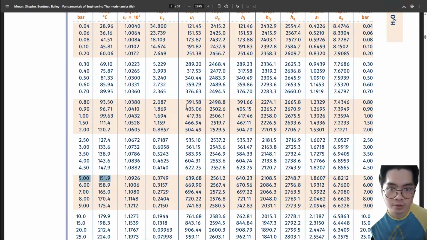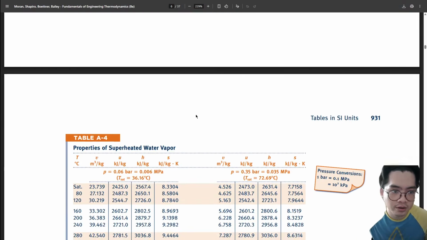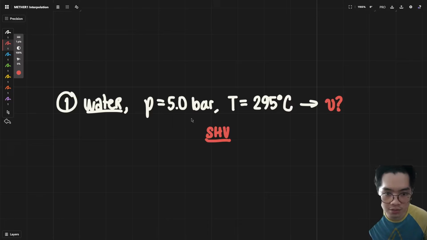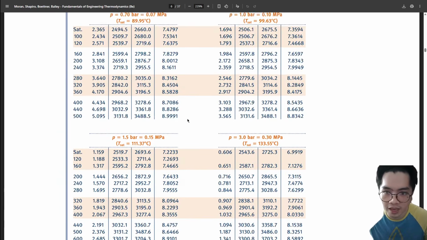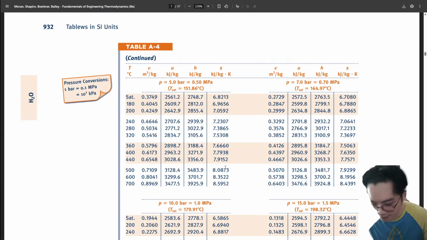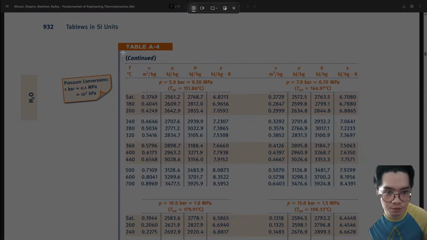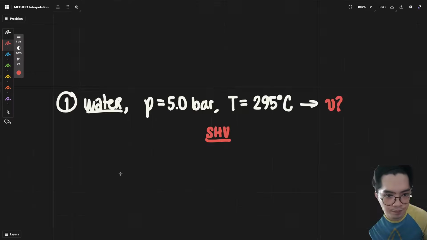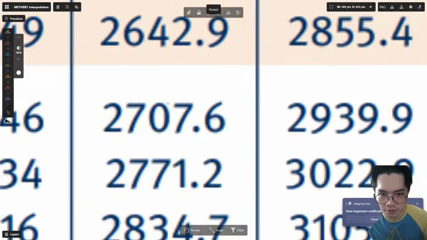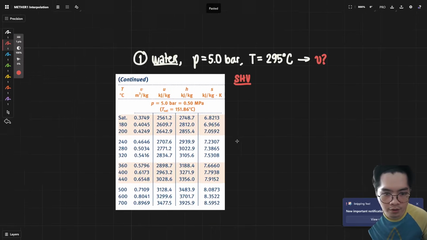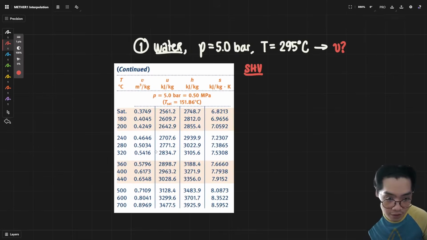Now we have the license to go to table A4, the superheated water vapor tables. We go to our pressure table for 5 bar. However, as we can see here, there is no value for 295 degrees.